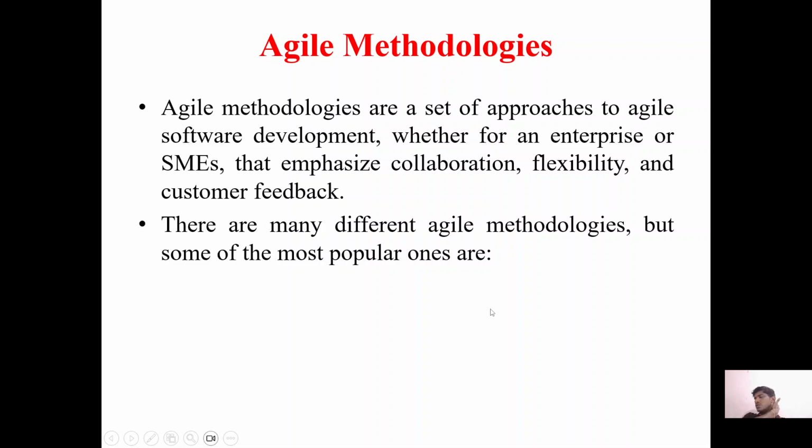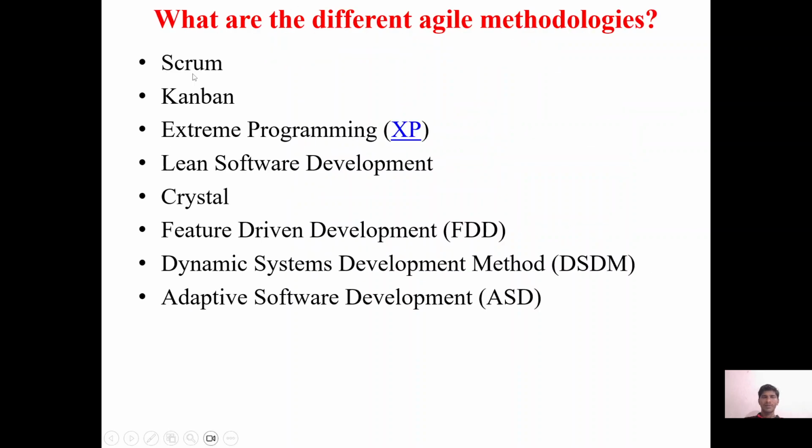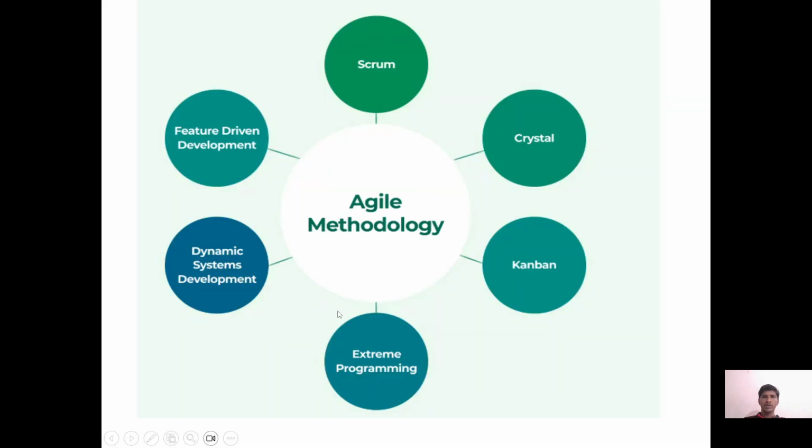Next is agile methodology. So agile methodology is nothing but a set of approaches for what? For development of software based on agile methodologies. There are different popular agile methodologies such as Scrum, Kanban, extreme programming, lean software development, Crystal, feature driven development, dynamic system development models, adaptive software development models, etc. So first is Scrum.